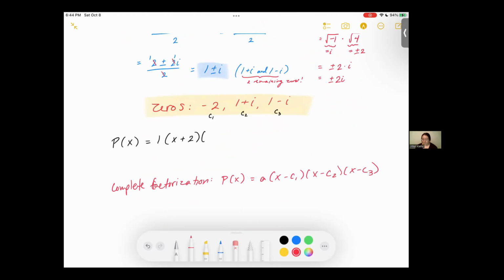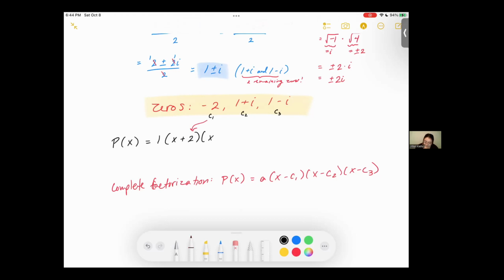So in our complete factorization, we're just going to grab c sub 2 and c sub 3 and shove them into place. Because that's what happened right here: we took c sub 1, plugged it in there, it was x minus negative 2, so it came out to be plus. And now we're going to do that here as well.